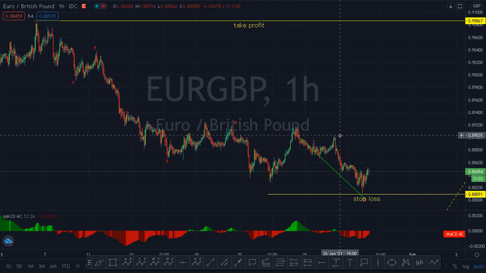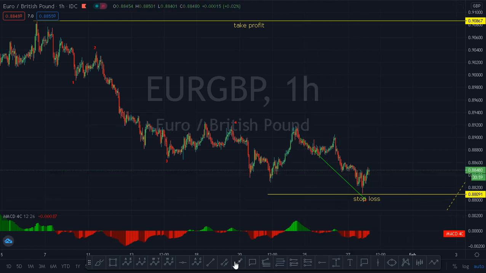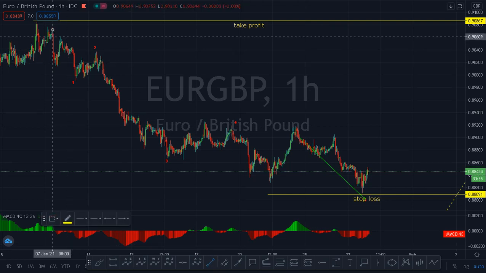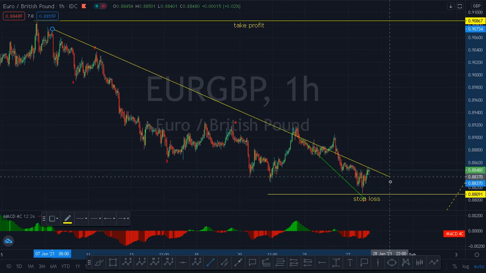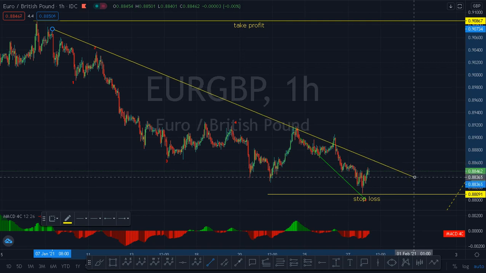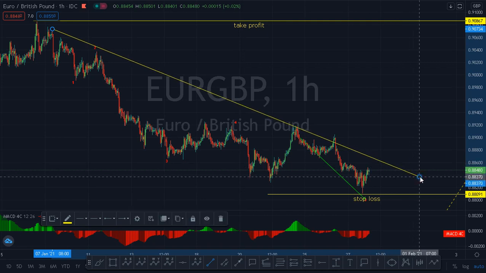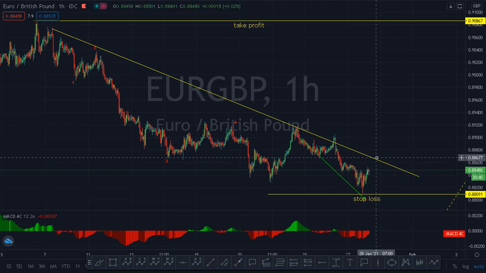When the price closes above these areas, you buy. Maybe on a close of this channel you can buy.